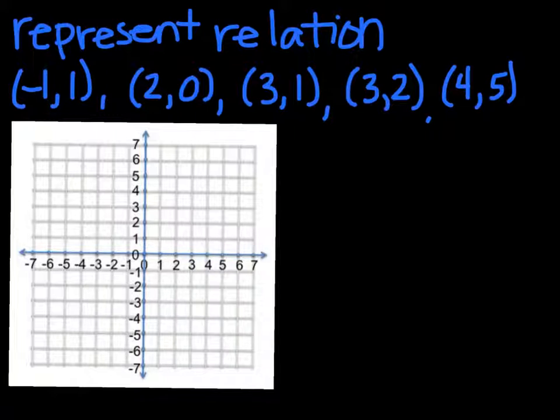Let's go ahead and graph our ordered pairs. Ordered pair 1 is -1, 1. So we'll go to the -1x, 1y, and our first spot goes right here. Okay, we'll label it as -1, 1. Our next is at 2, 0, which is right here.